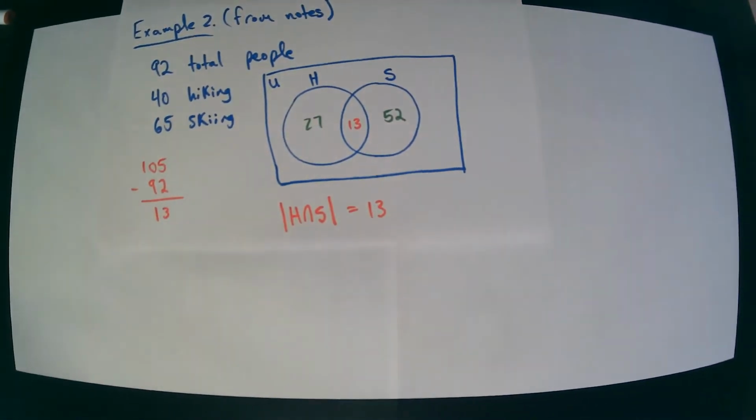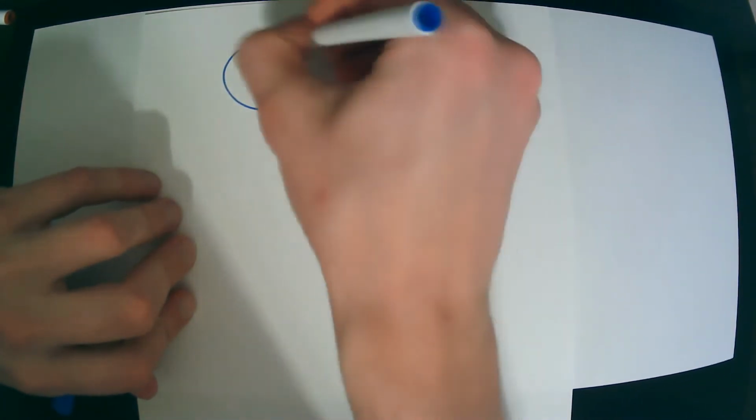Let's see what's next. Let's talk about the union of two sets. So what if we have a situation with overlapping sets like this?